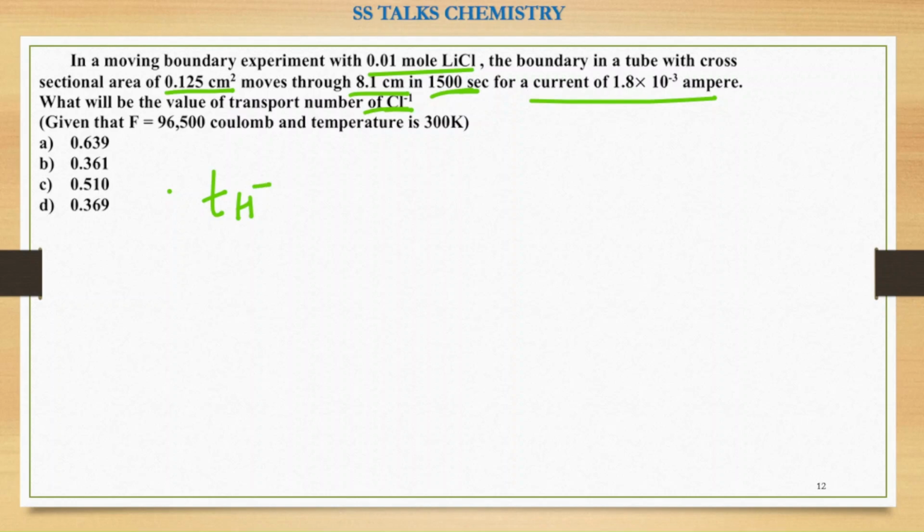So as per the H positive formula that you have to get in the boundary experiment, the transport number of the cationic part is area into the length into the concentration into the Faraday's constant upon the Q, which is the charge over here.